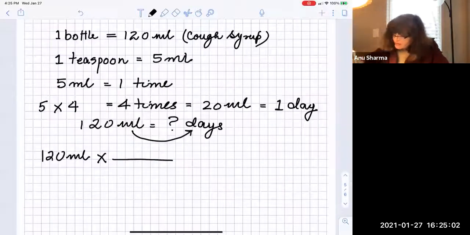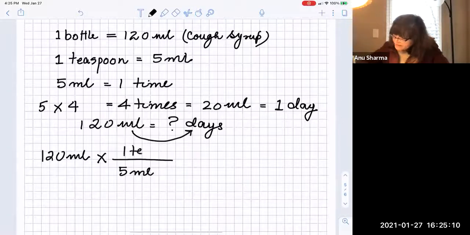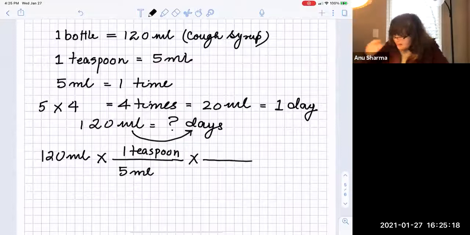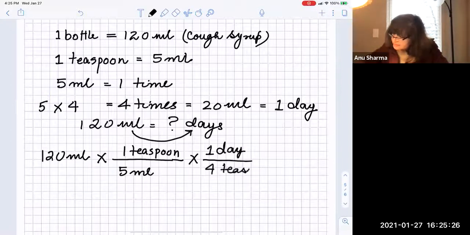So convert the teaspoon. 5 milliliters make 1 teaspoon, and milliliters get cancelled. And we are given 4 teaspoons in 1 day.